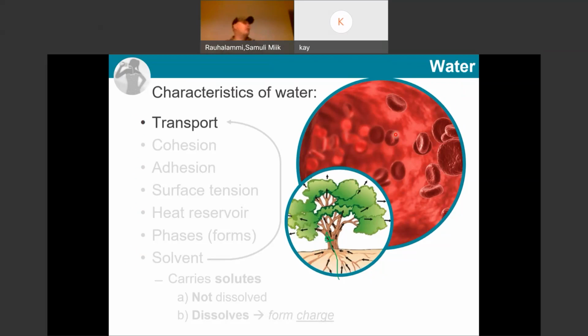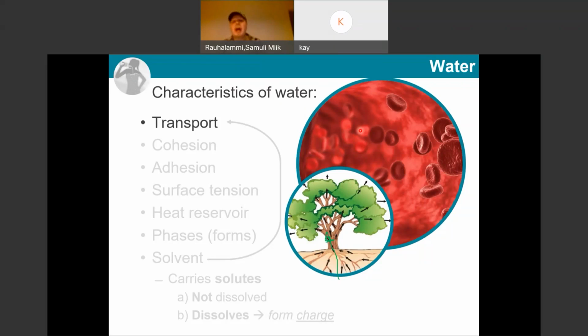And blood, of course, can transport many things such as gases, oxygen, carbon dioxide, nutrients, waste products, hormones, and we saw even certain elements that get removed at the urinary system, and so on and so on. So the water component of the blood is what enables the blood to carry all of these materials.